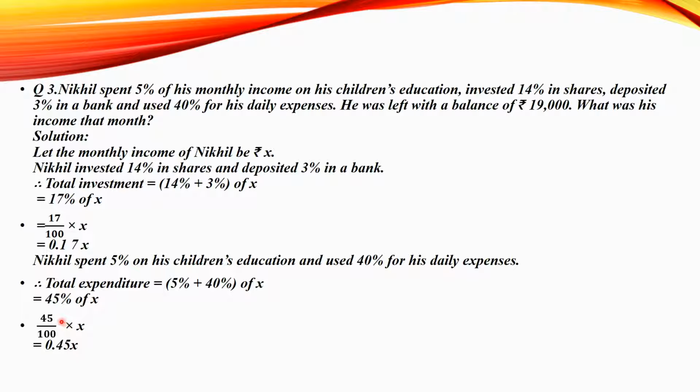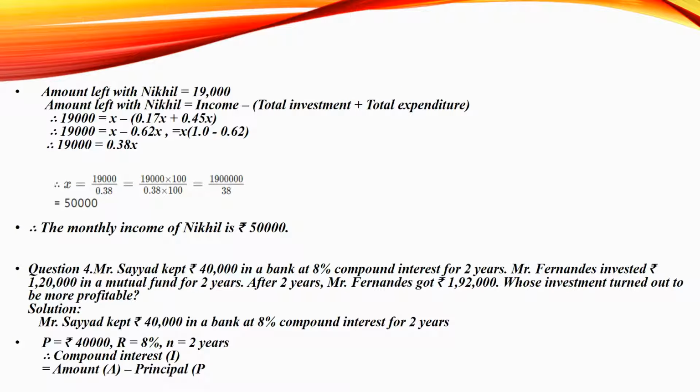So, expenditure is 45 upon 100 multiplied by X, and that is equal to 0.45X. So, here the amount left with Nikhil is rupees 19,000. So, investment and expenditure are subtracted from income.